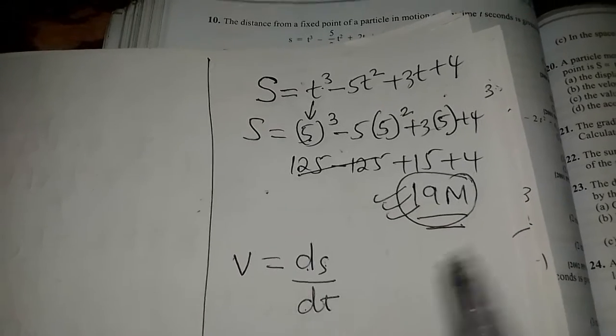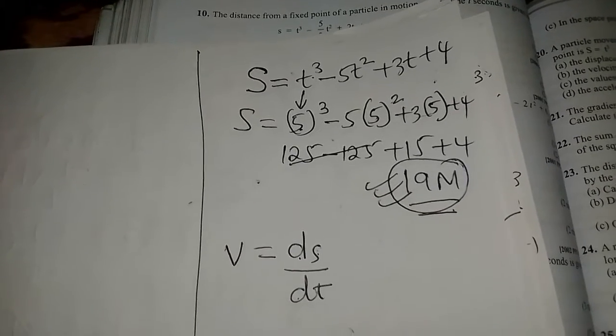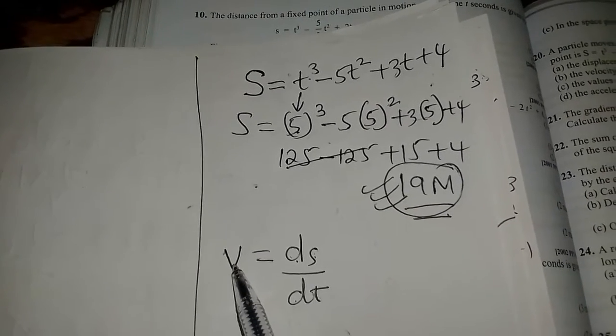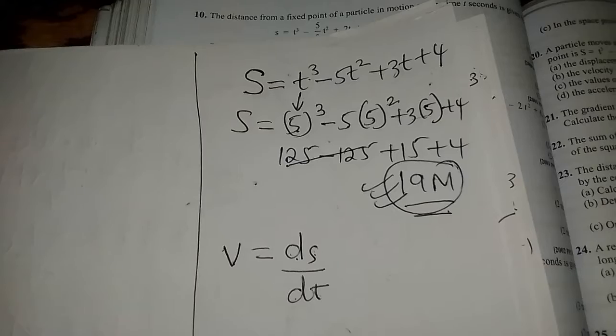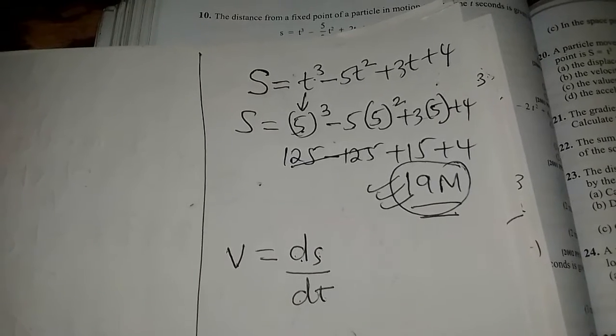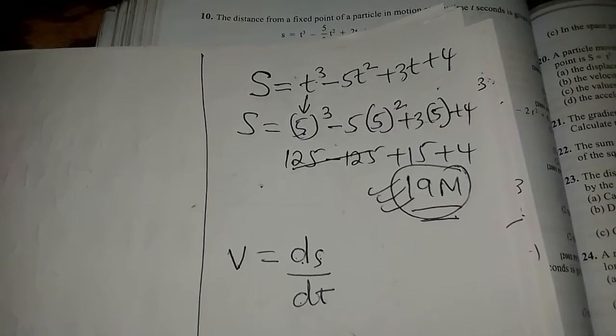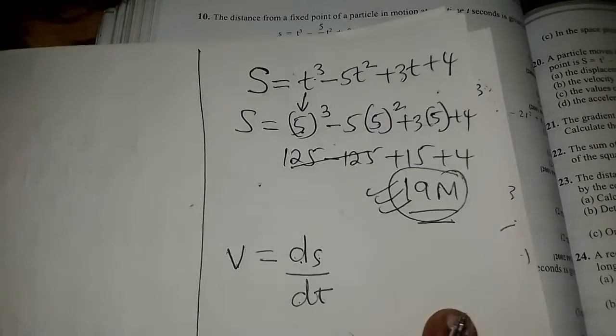That's the way we used to say dy dx. So ds dt gives me the equation for velocity. That means you have to differentiate the equation for displacement, and when you do, you get the equation for velocity.